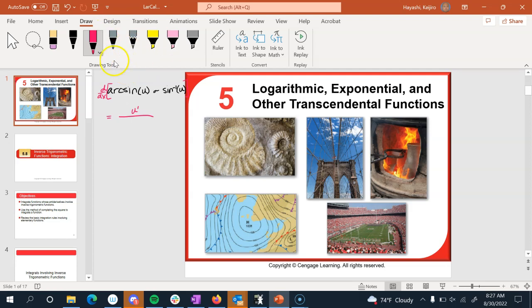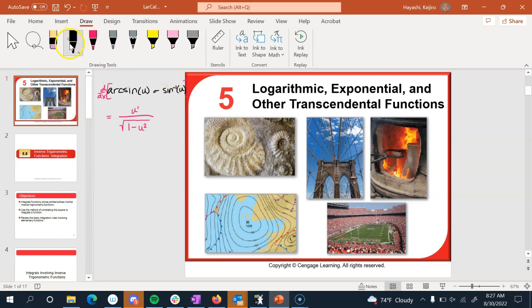Other than that, there's u prime on top, and on the bottom, it's marked by a square root, and underneath the square root, there's going to be a 1 minus u squared. In that order specifically, not u squared minus 1, but 1 minus u squared.